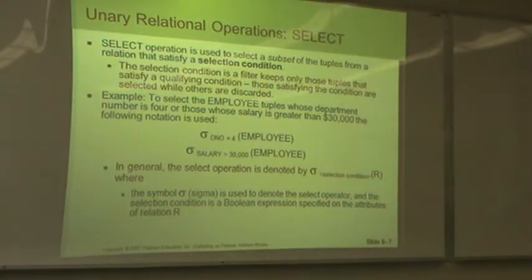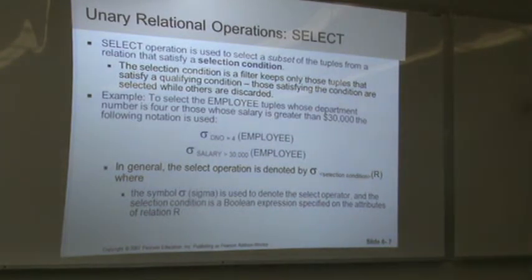So we have 1, 2, 3, and the names Lee, Hunter, and James, and so on. This is a table, this is a relation. I want to access data by tuple, by row.